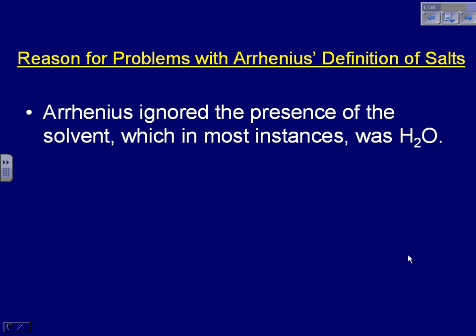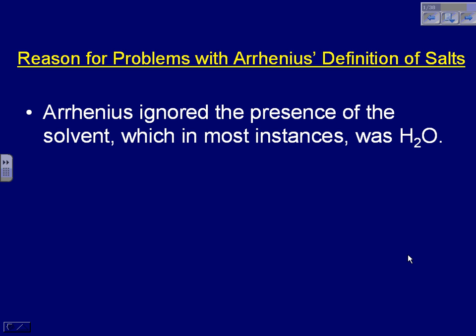The reason, again, you don't have to write this down, that Arrhenius's theory was incorrect is because he ignored the solvent. He ignored the water that this stuff was dissolving in. We now know that when an acid or a base is dissolved in water, it doesn't just fall apart and then exist on its own, but it actually interacts with the water itself.